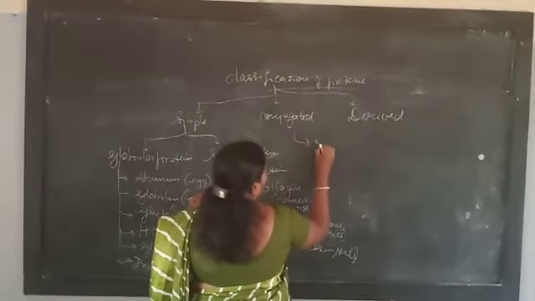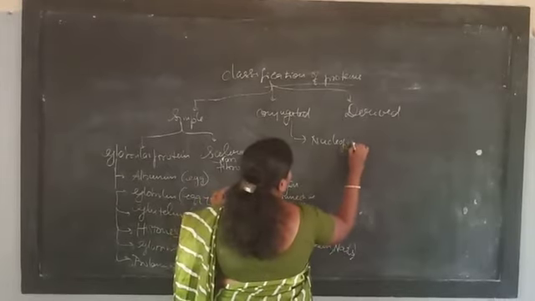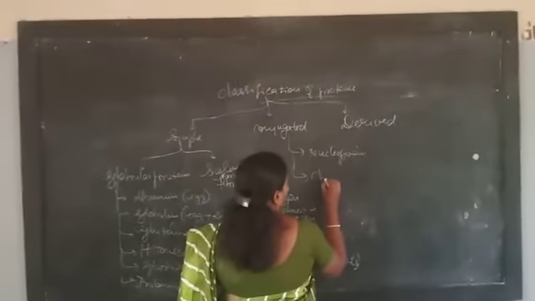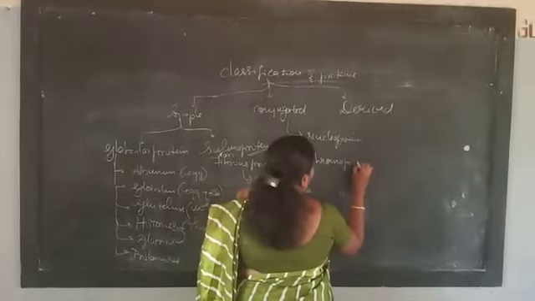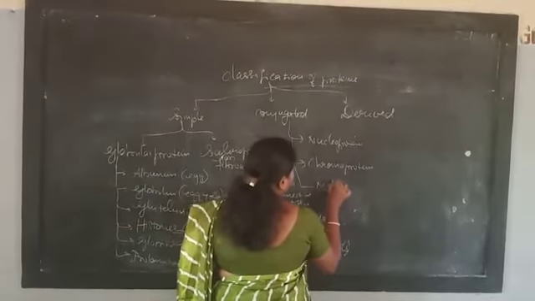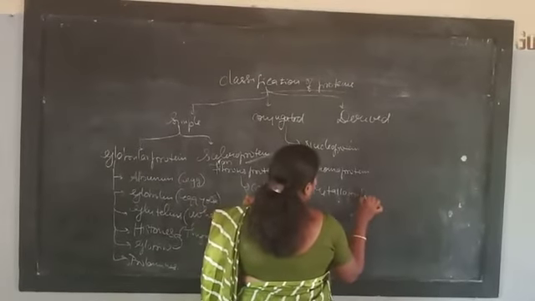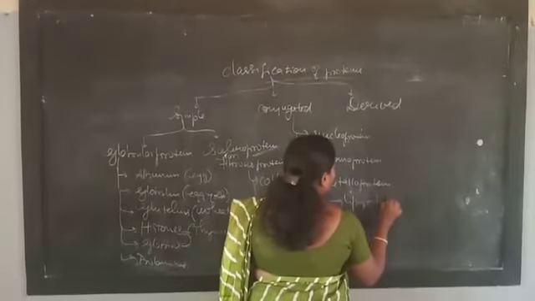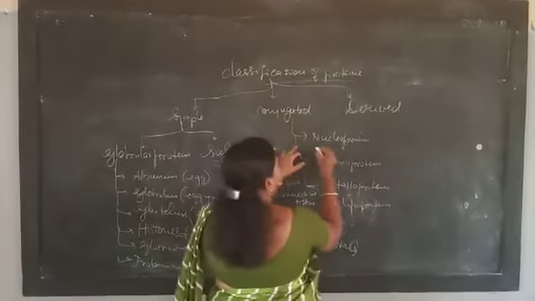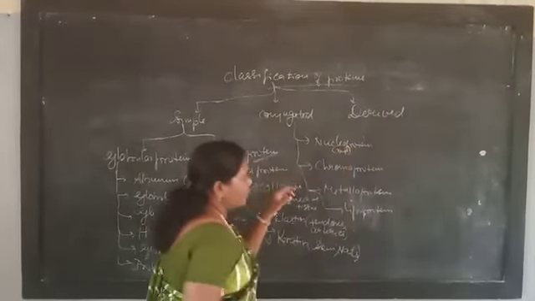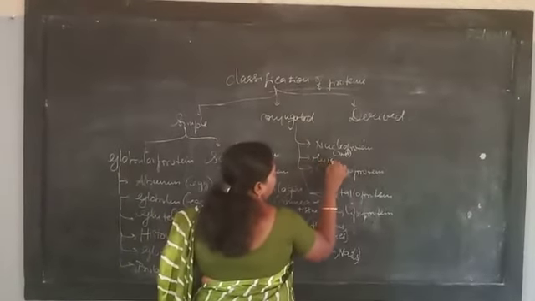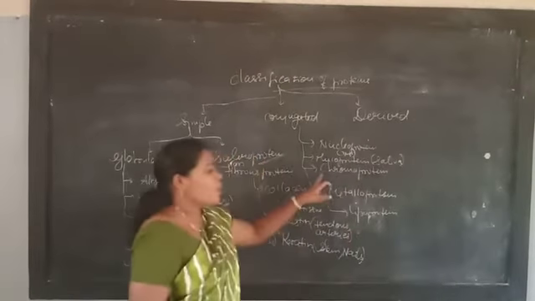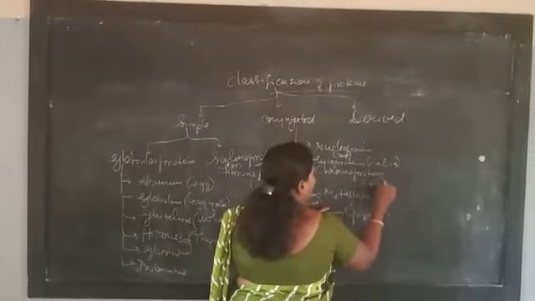The proteins here are nucleoprotein, chromoprotein, metalloprotein, and lipoprotein. Nucleoprotein is an example of DNA. Then mucoprotein, for example saliva. Chromoprotein has an example of hemoglobin.